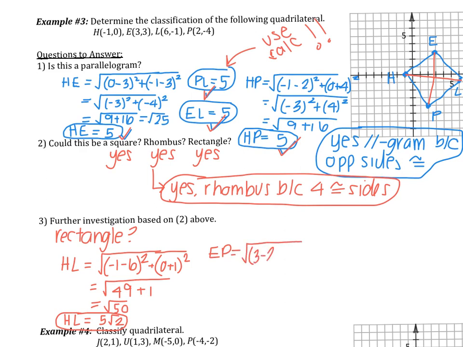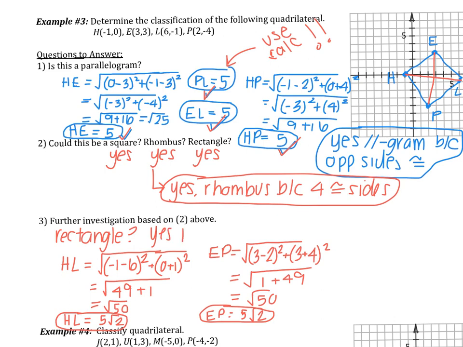So 3 minus 2, 3 plus 4, square root of 1 squared plus 7 squared. Oh, looking good. So EP is also 5 root 2. So I am indeed a rectangle as well.